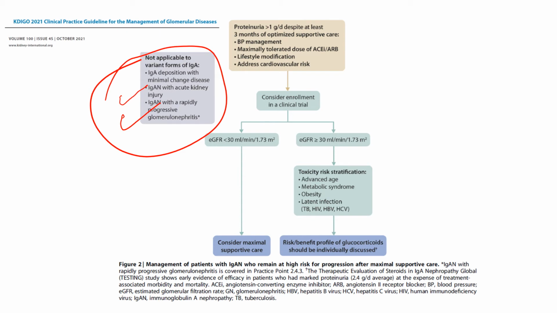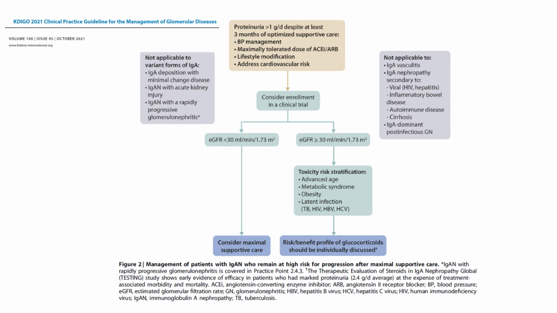In these cases, we will have another way of management. It is not applicable if the case is IgA deposits with minimal change disease, because this case will be treated as minimal change disease, as I mentioned. This approach is not applicable to IgA vasculitis, as in Henoch-Schönlein purpura, which has local kidney IgA nephropathy, besides other extra renal manifestations.